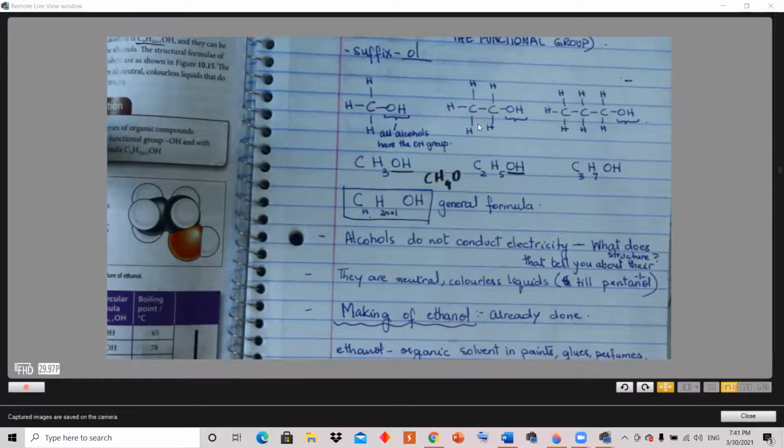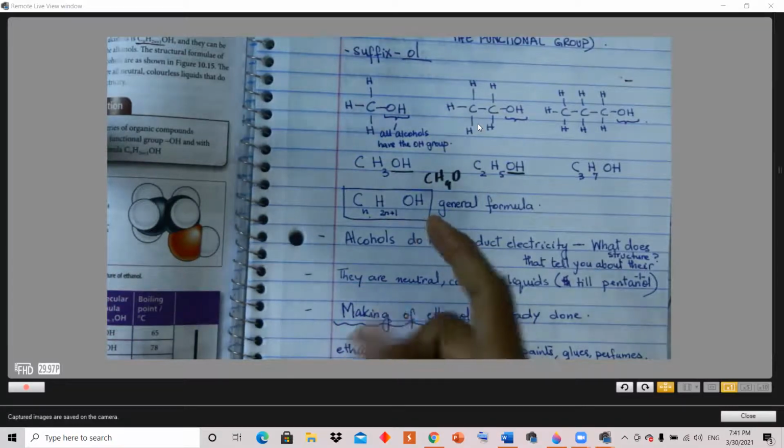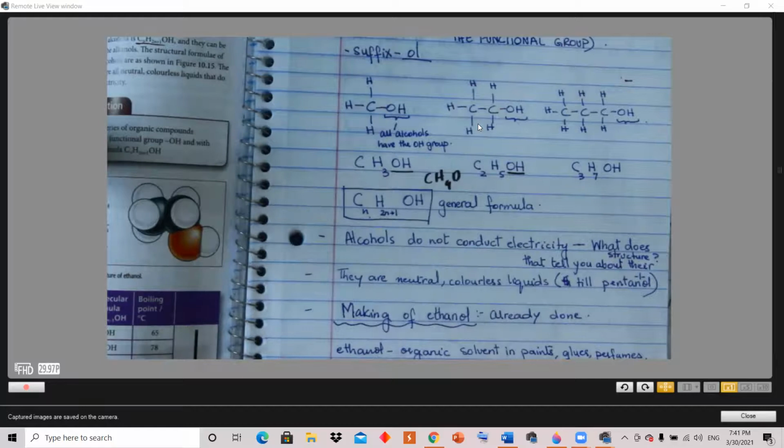In fact, I told you there are two types of intermolecular forces, van der Waals and hydrogen. And van der Waals were really weak, because they are only dependent upon temporary dipoles of the molecules. But hydrogen bonds are stronger than van der Waals.